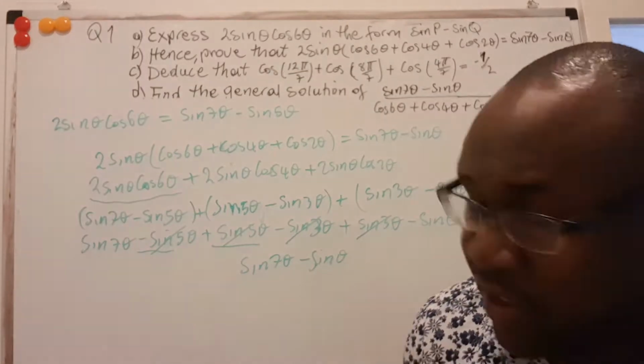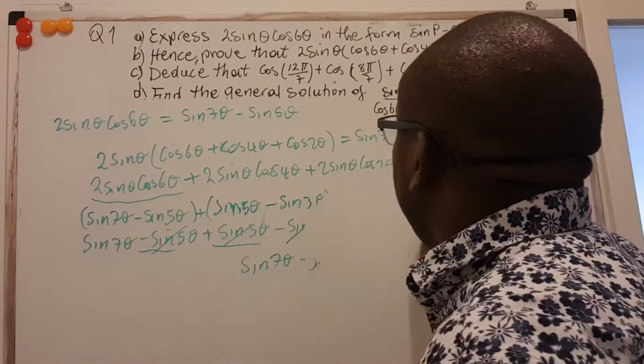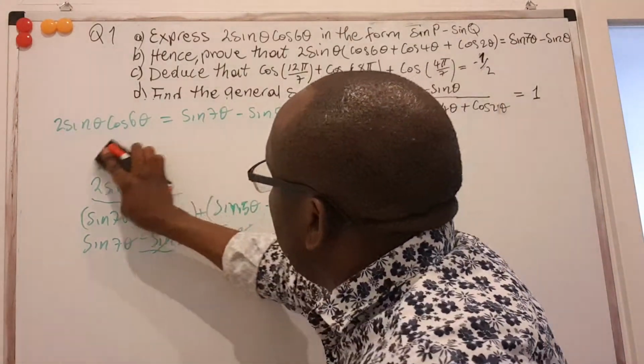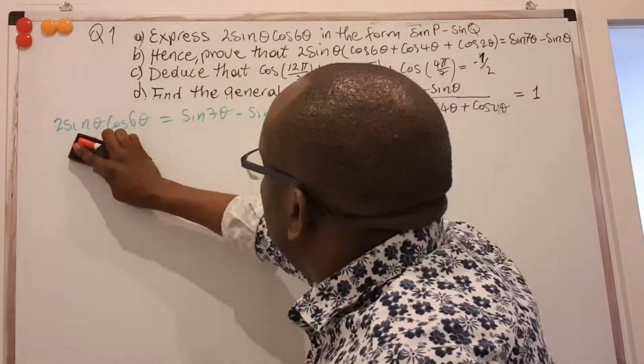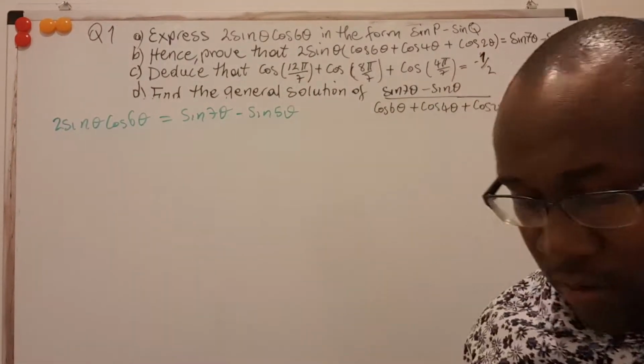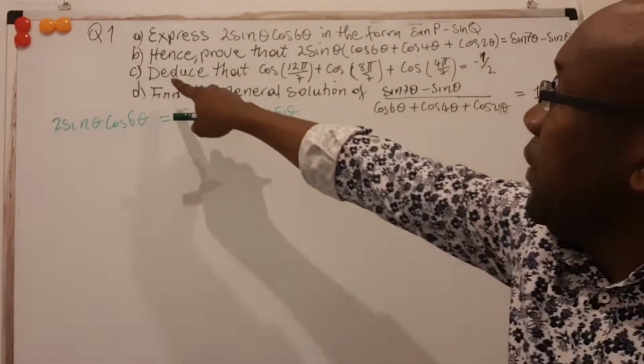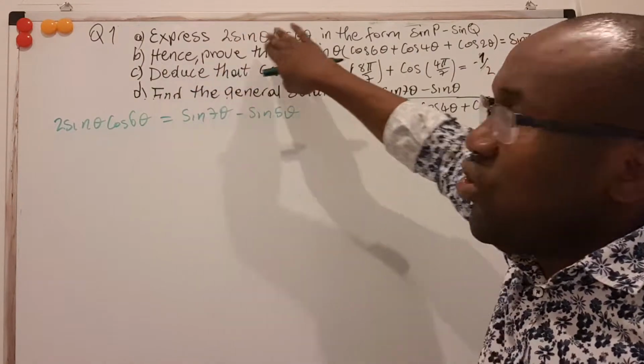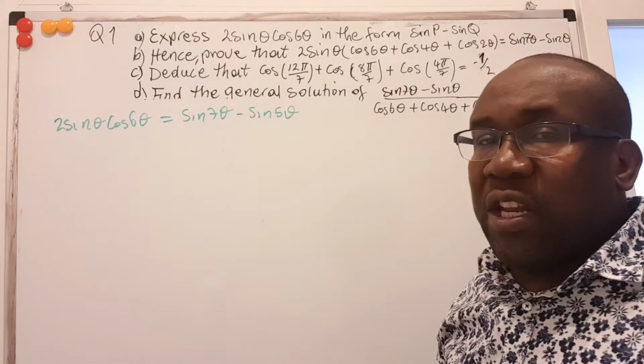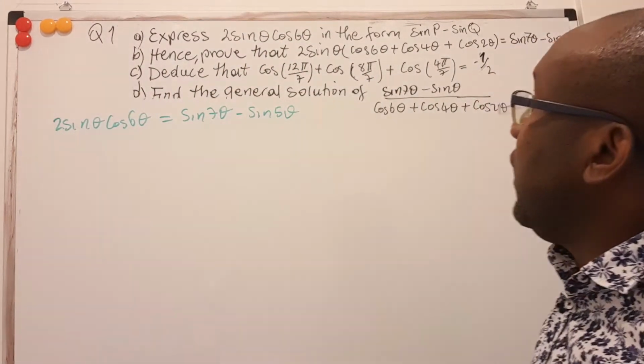Let's move on to the C part. So we say deduce. That means you still have to use some information that you've already been able to show or verified in the previous step.